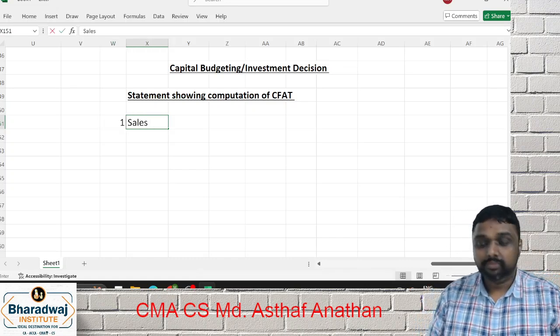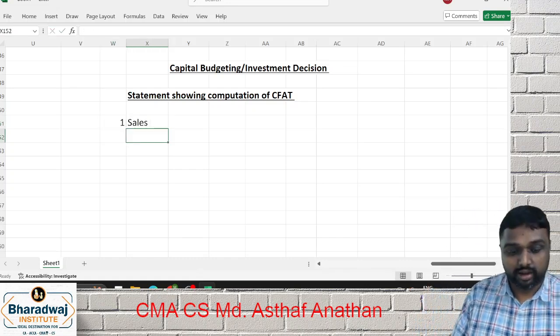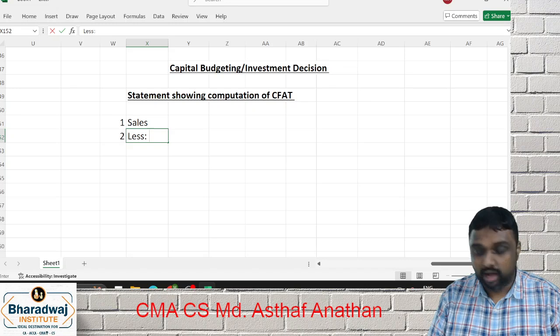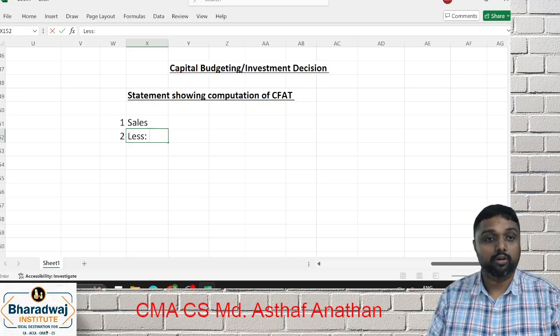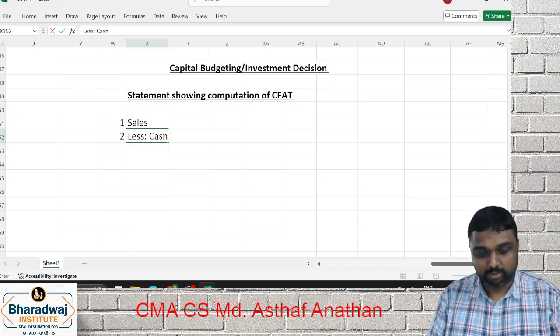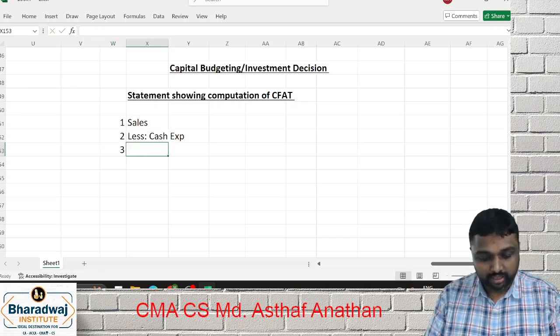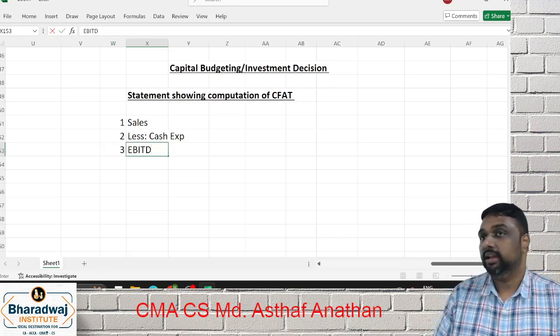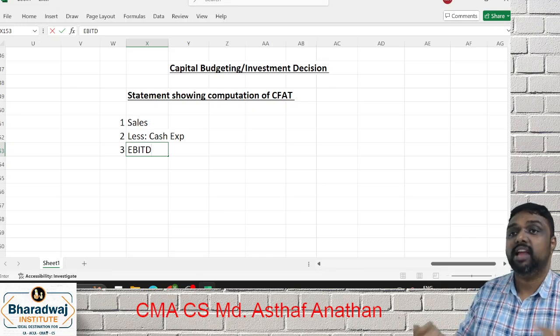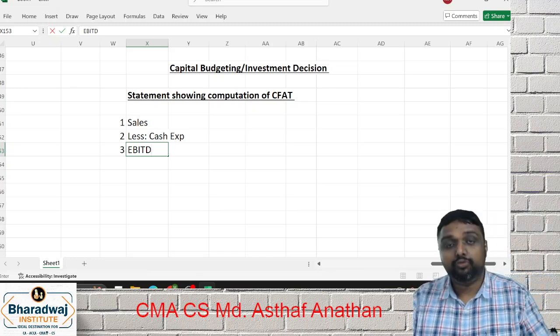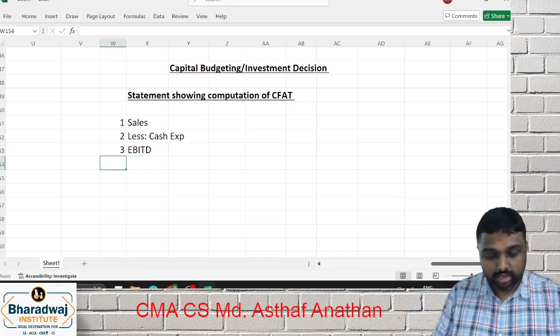So this is sales. From the sales you deduct whatever your cash expenses are, and you will get EBITD, if all are cash expenses.